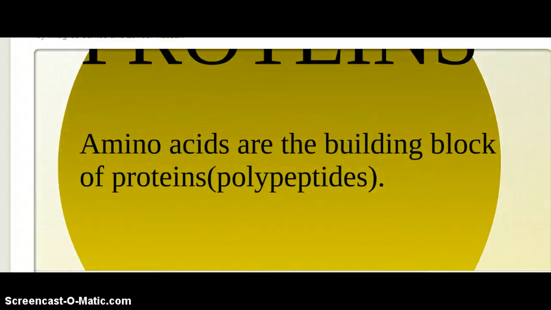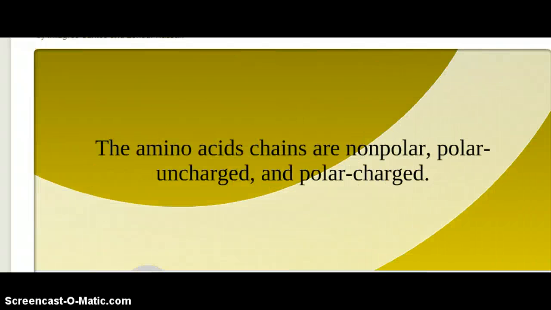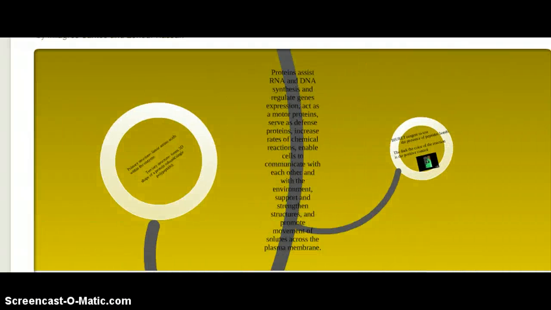Proteins. Proteins are composed of polypeptides which are arranged in a sequence of amino acids. Proteins do everything in our cells. The amino acid chains are nonpolar, polar uncharged, and polar charged. Proteins assist DNA and RNA synthesis and regulate gene expression.